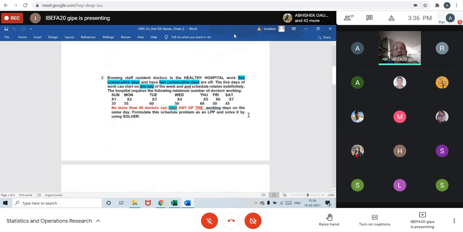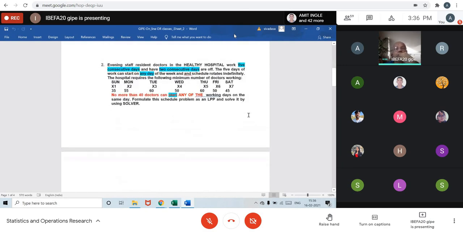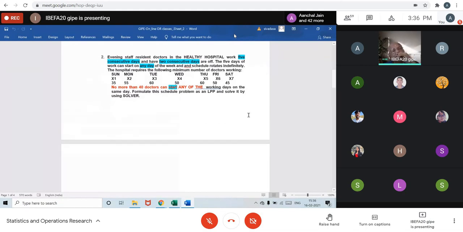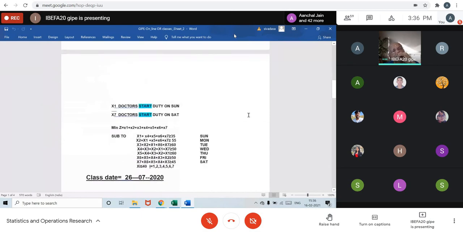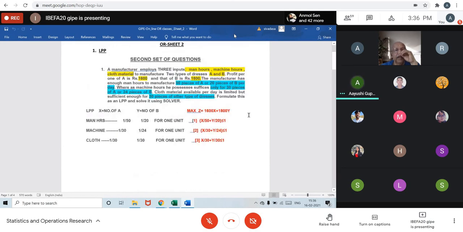Come on, look at the doctor example. Try to recall. So in the first question, what will be the dual objective function?